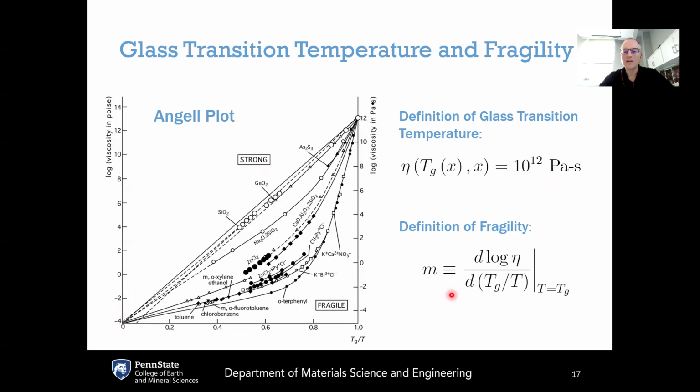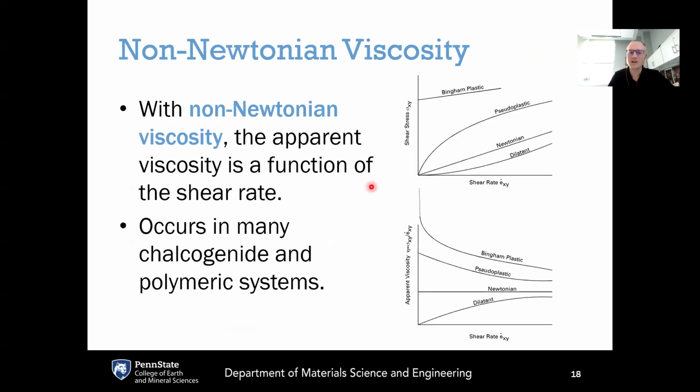And therefore the definition of fragility index here as the slope of this line at the glass transition temperature itself. So we're going to keep coming back to the Angell plot in our discussion of viscosity because it is conceptually quite important. And we're going to come back to that in the next lecture that deals with models of the viscosity-temperature relationship.